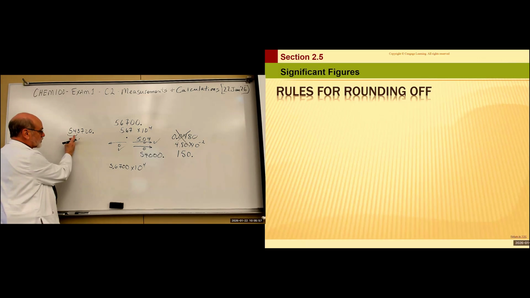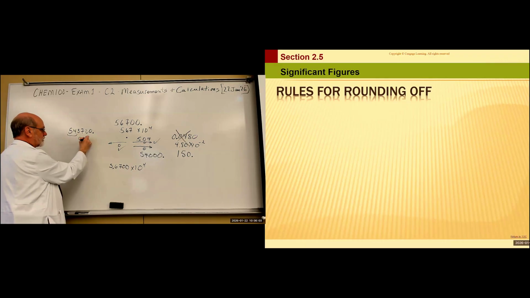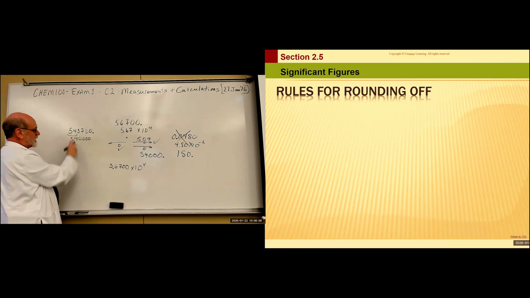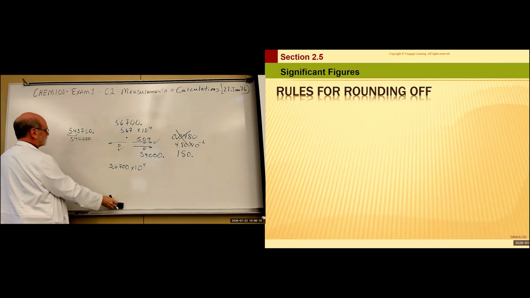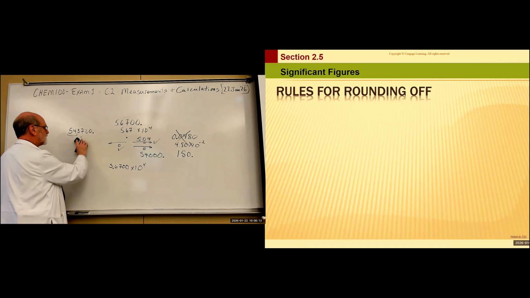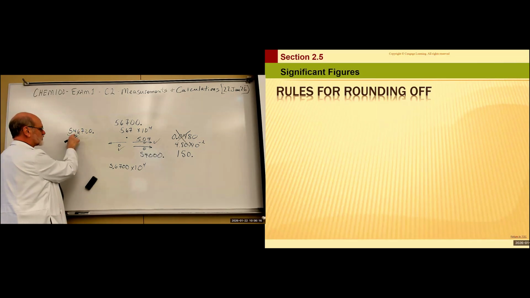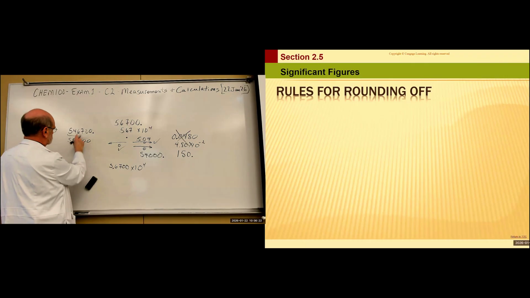If the number to the right of the position you have to round is less than 5, then that goes away, and we keep the number. But if that number is 5 or above, then this one goes up 1. And the rest go away.